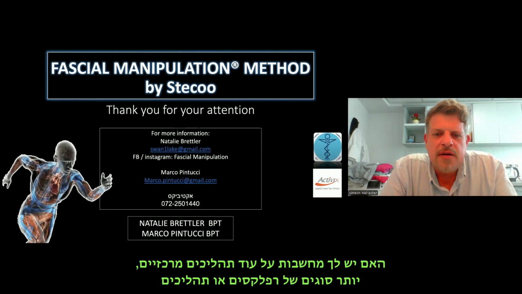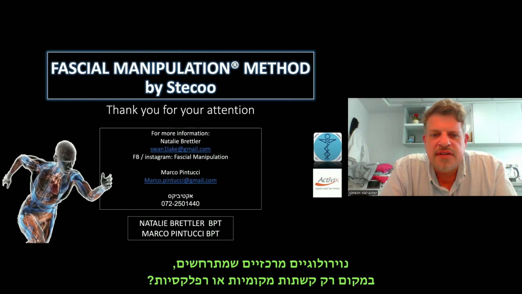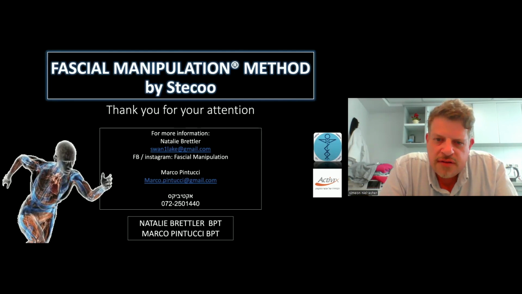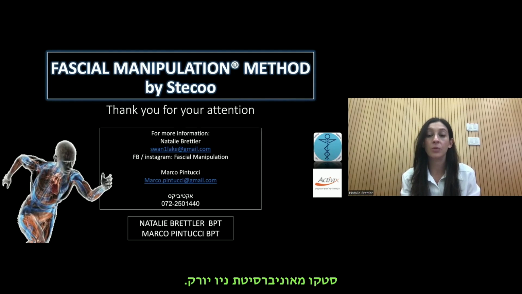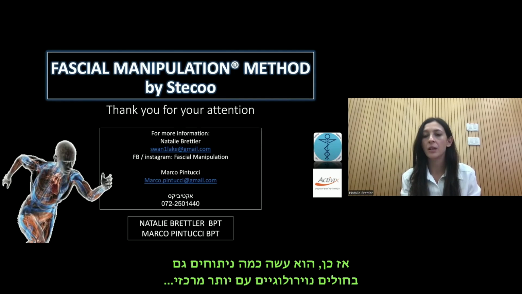Have you got any thoughts about more central processes, more reflexes or neurological processes centrally that are going on rather than just local or reflex arcs? Well, actually, yes, it is being investigated specifically by Professor Antonio Stecco at New York University. He did a few studies also on neurological patients with more central effects.